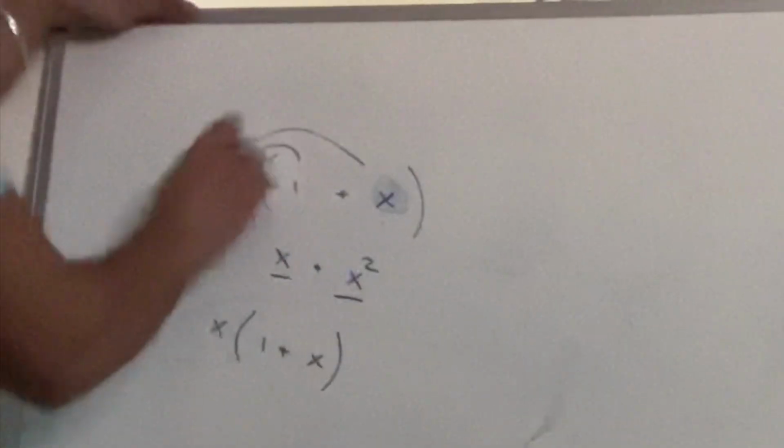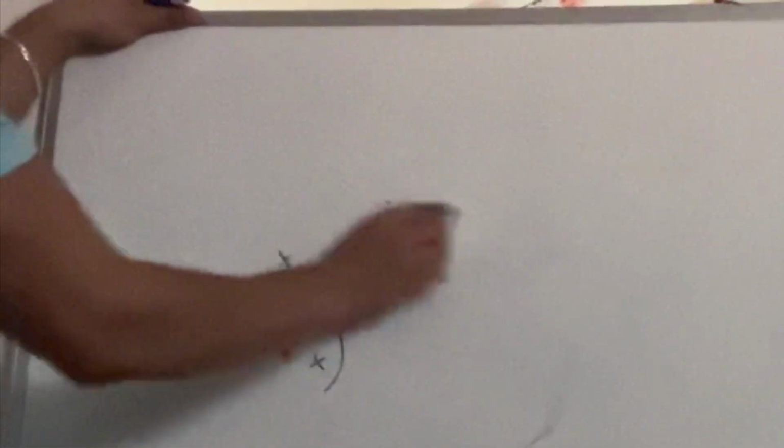Factoring and canceling out is what we're going to be doing for this one. But the basics of it is x plus 3x over x.